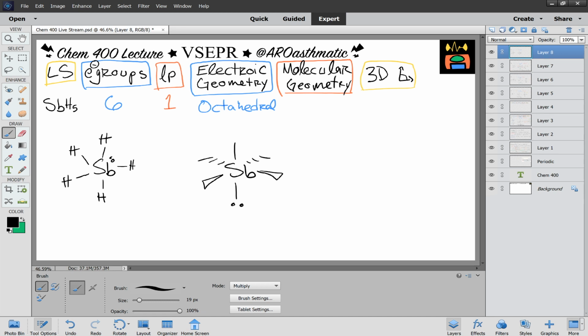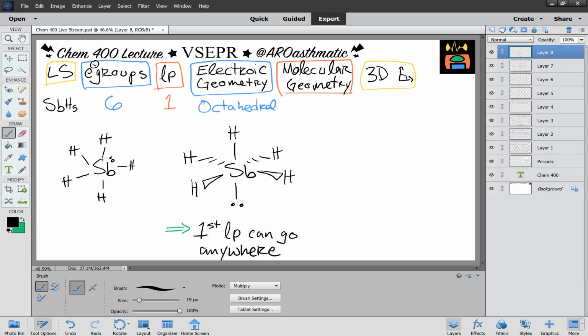And it doesn't matter where you place the first lone pair on an octahedral geometry. The first lone pair can go anywhere. So I'm just going to put it on the bottom there. And my other 5 hydrogens in the 5 other positions.